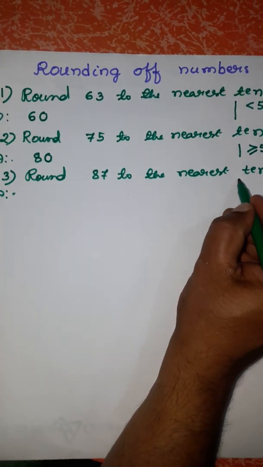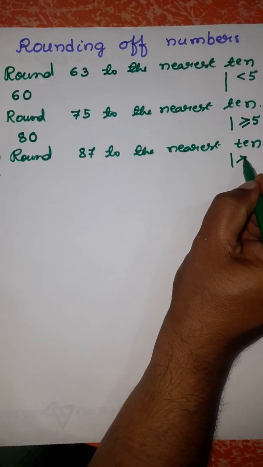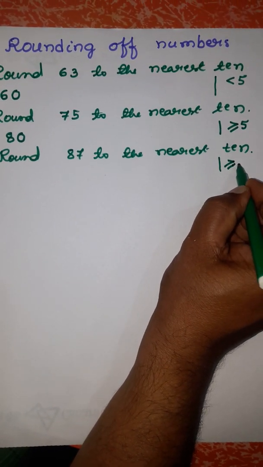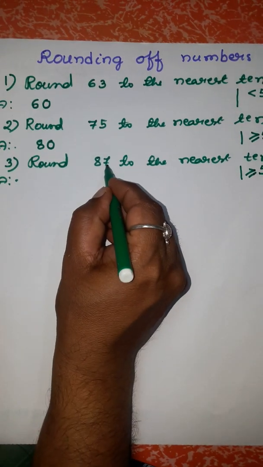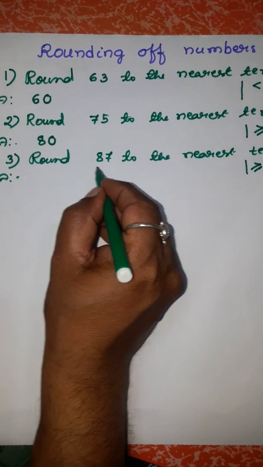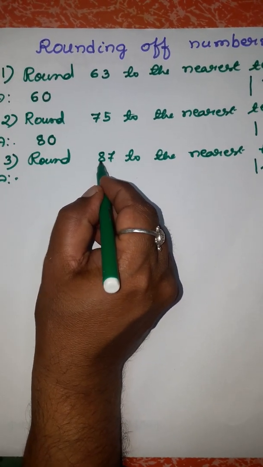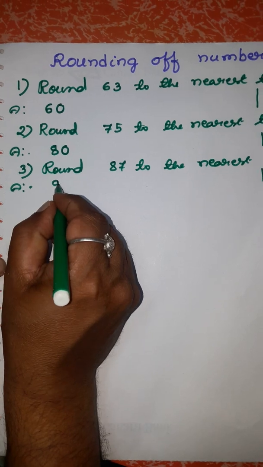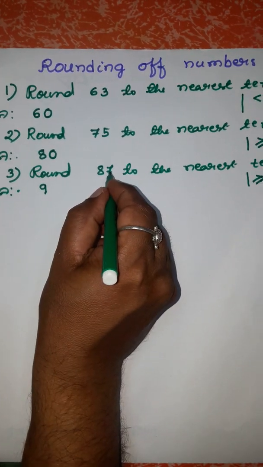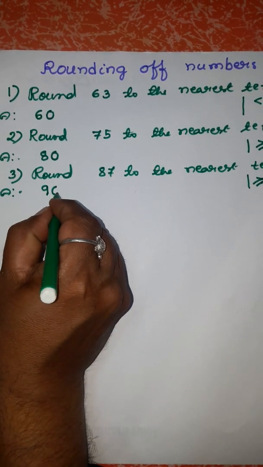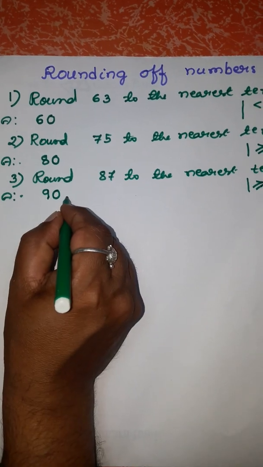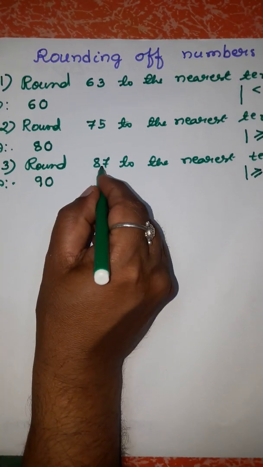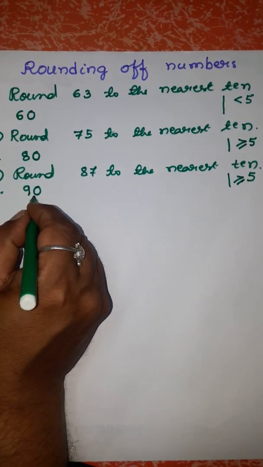In unit place you have a digit more than or equal to 5. It is more than 5. Therefore you have to add 1 to 8. It becomes 9 and make the unit place as 0. The answer is 90. So we rounded 87 to the nearest 10. We got the answer 90.